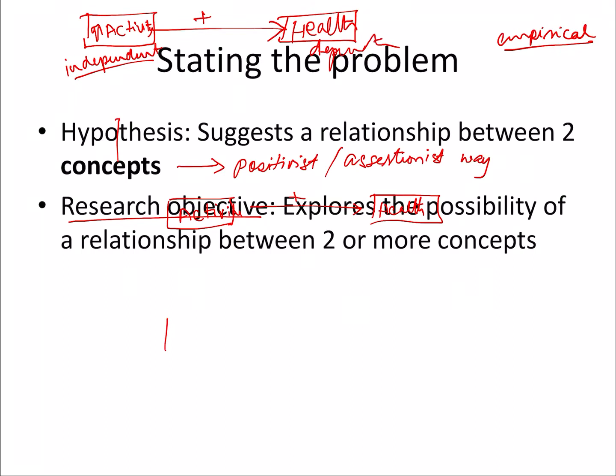Now, concepts, like I mentioned, are large categories. In order to be able to measure concepts, we use a representative variable; a variable is a type of a concept. So concepts are broken down into several variables.